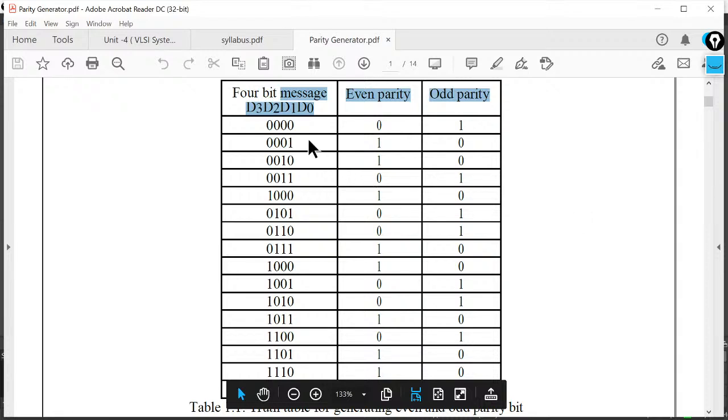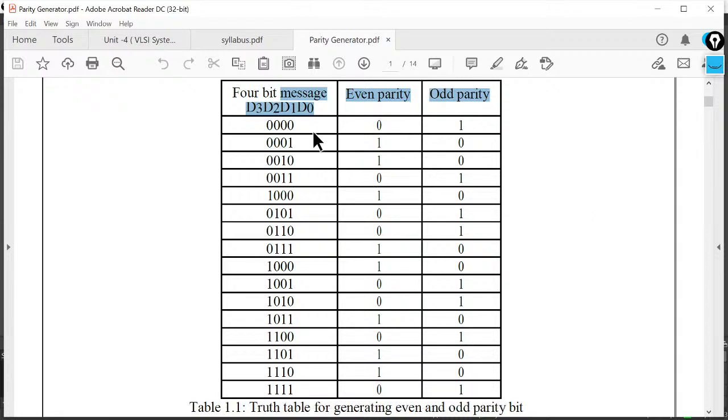Okay, so if we want to add some extra parity bit with this message signal, we use a parity generator circuit. The parity generator circuit first forms the parity bit, and after making the parity bit, it attaches the parity bit with this message signal.